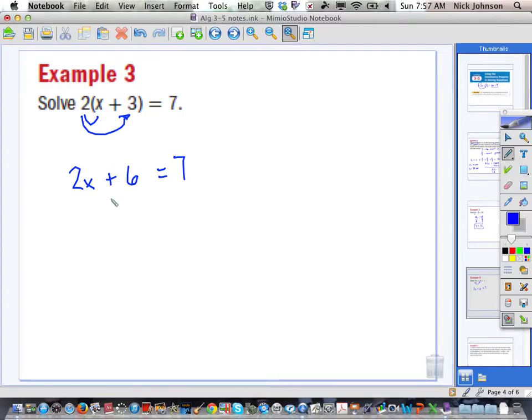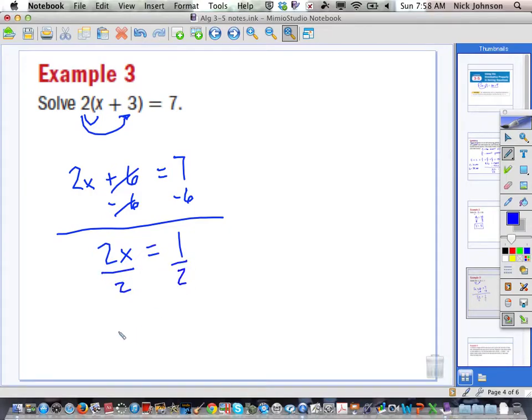So the first thing I got to do is subtract 6 on the right-hand side. That leaves me with 2x equals 7 minus 6, which is 1. The inverse of multiplying by 2 is dividing by 2. And x equals 1/2. Yes, you can write it as a fraction, people. That's not scary. Leave it as a fraction.